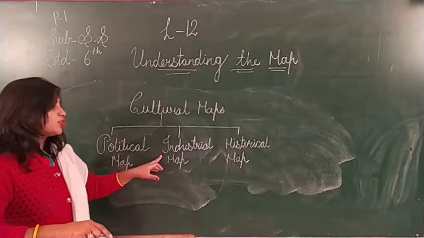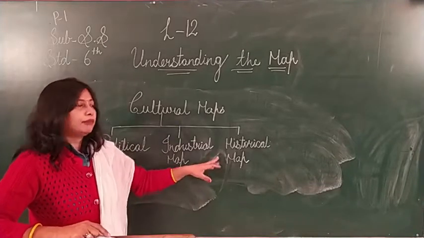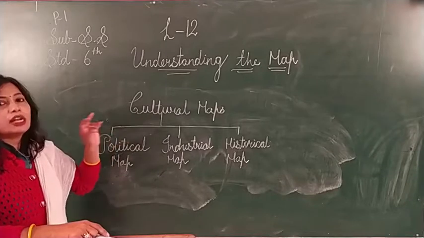The political map, which is man-made. Then the industrial map, and third is the historical map. So in the cultural map, the political map, industrial map, and historical map are included. These are all included in the cultural maps.